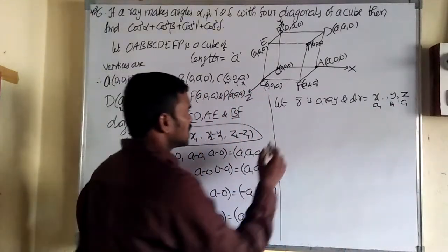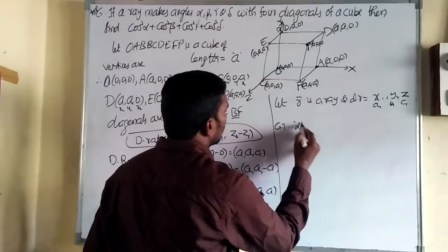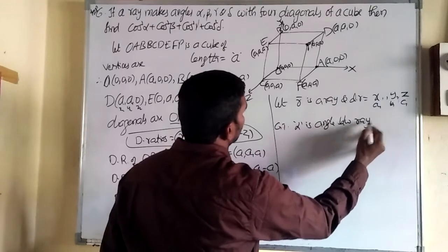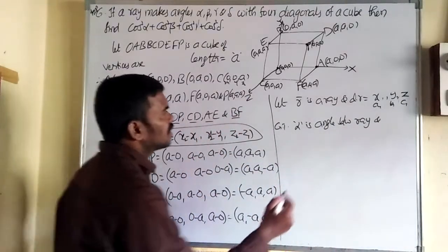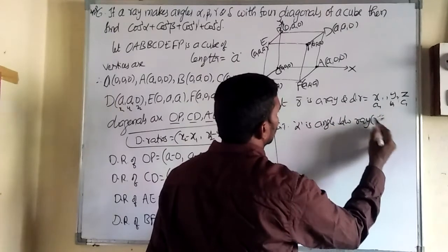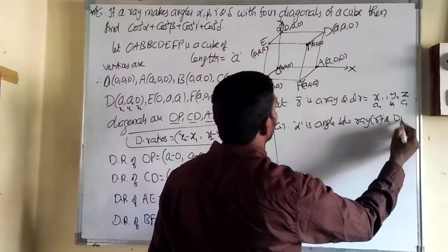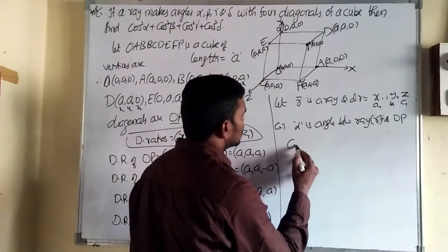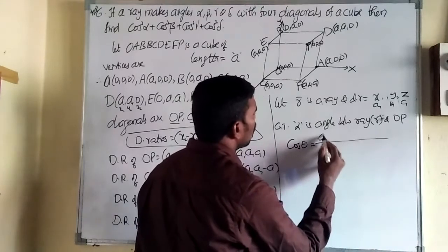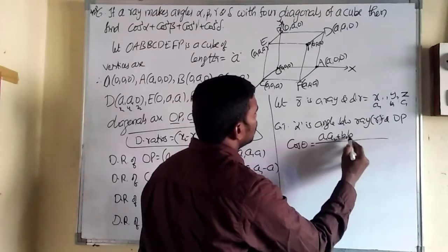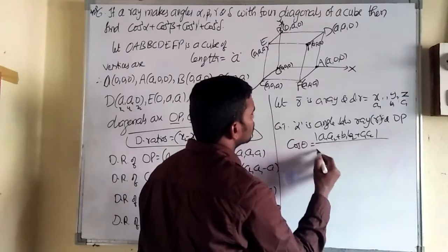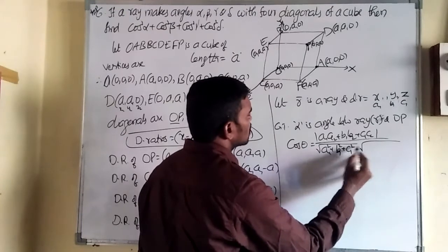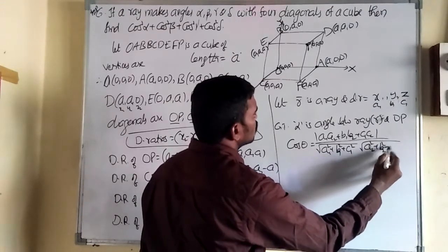Okay, now coming to the point. Given that alpha is the angle between the ray and the first diagonal OP. For these two I am applying the cos theta formula. What is the cos theta formula? Generally the cos theta formula is, as we already know, a1 a2 plus b1 b2 plus c1 c2 by root of a1 square plus b1 square plus c1 square into a2 square plus b2 square plus c2 square.